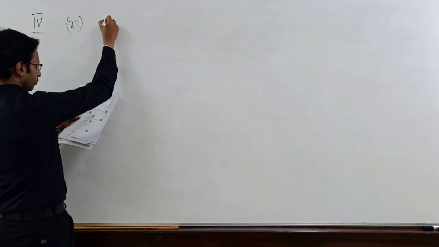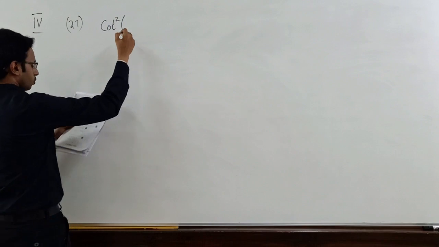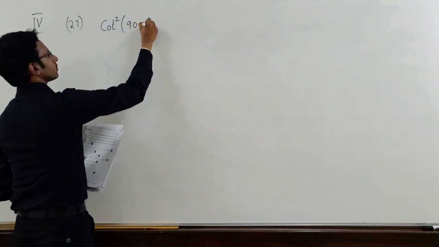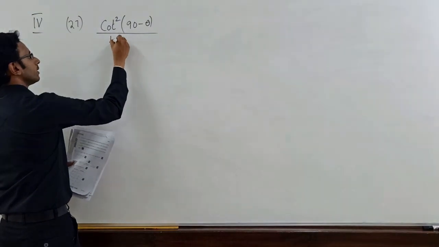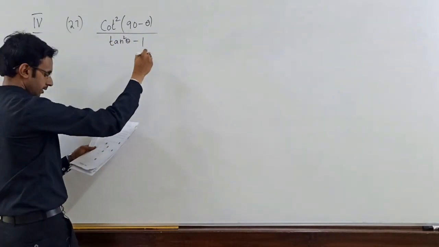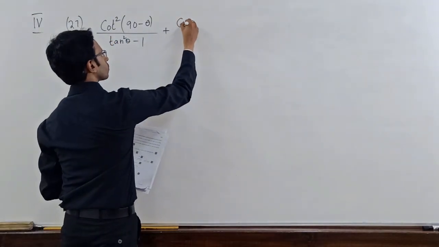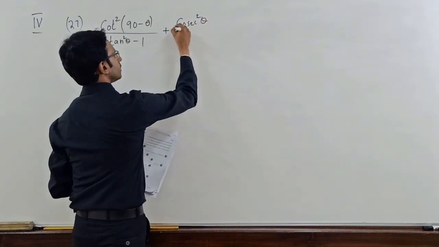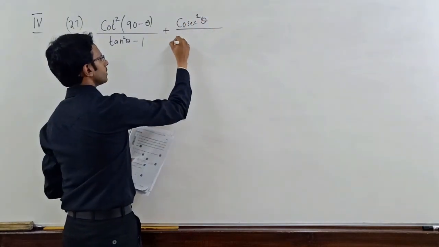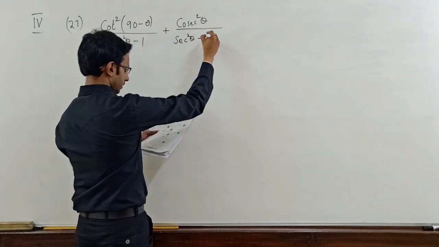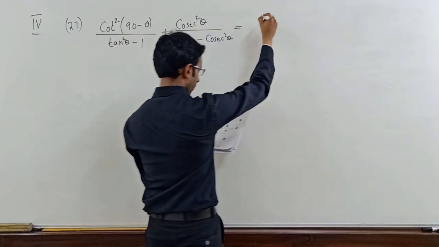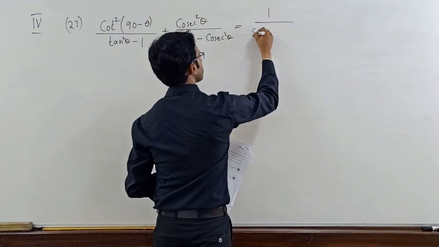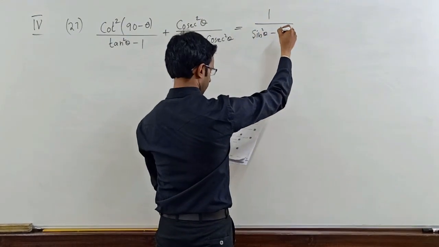They are asking us to prove that cot square (90 minus theta), so this is from the complementary section, divided by tan square theta minus 1, plus cosecant square theta divided by secant square theta minus cosecant square theta, is equal to 1 divided by sine square theta minus cos square theta.